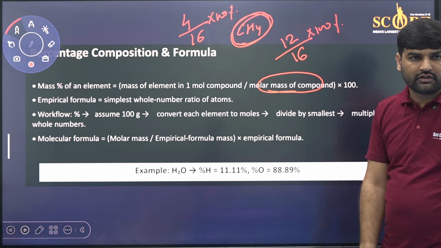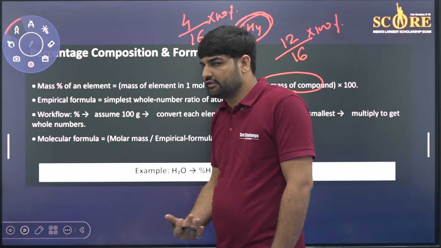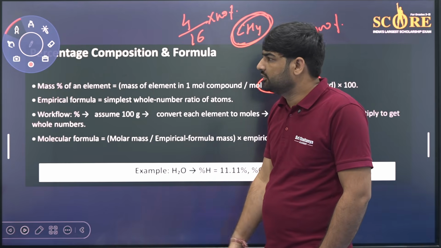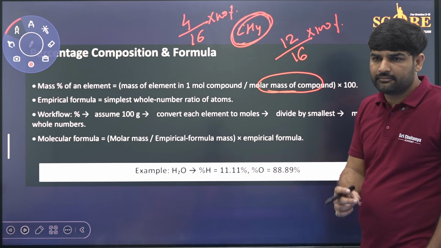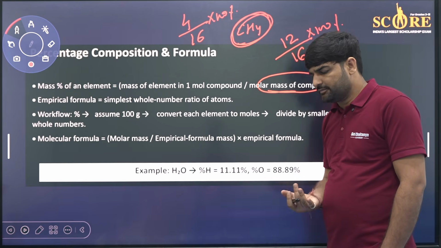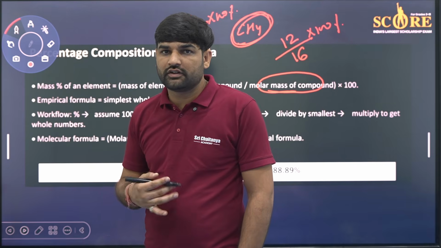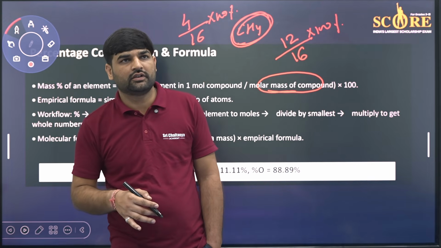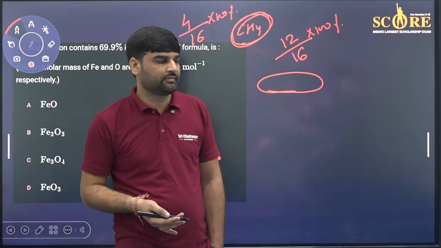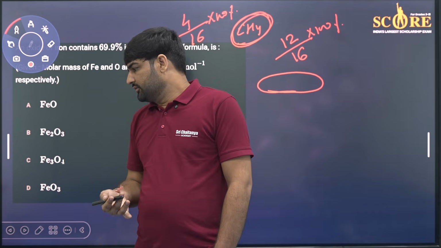What is an empirical formula, and what is a molecular formula? The empirical formula tells about the simplest whole number ratio of the various atoms present in a compound, whereas the molecular formula tells about the exact number of atoms present in a compound.